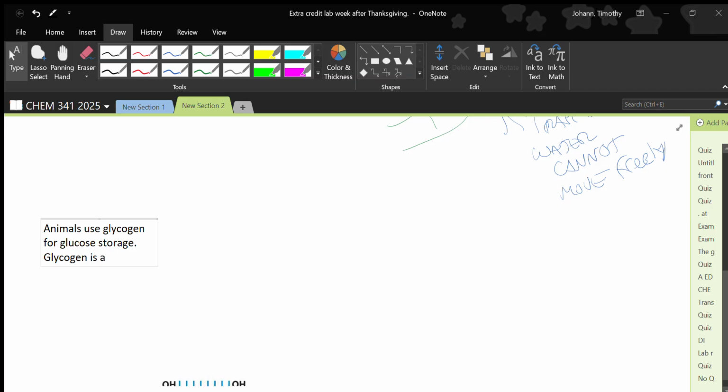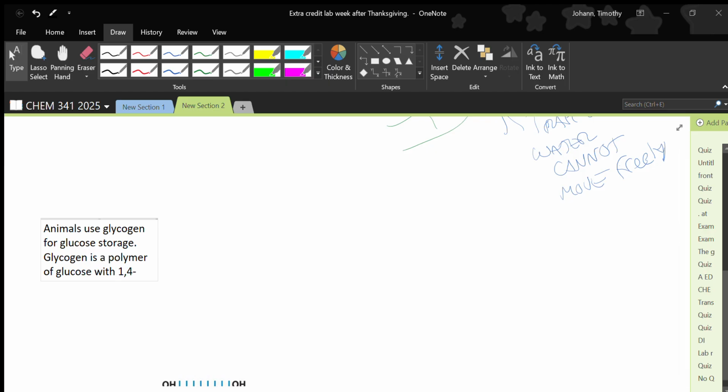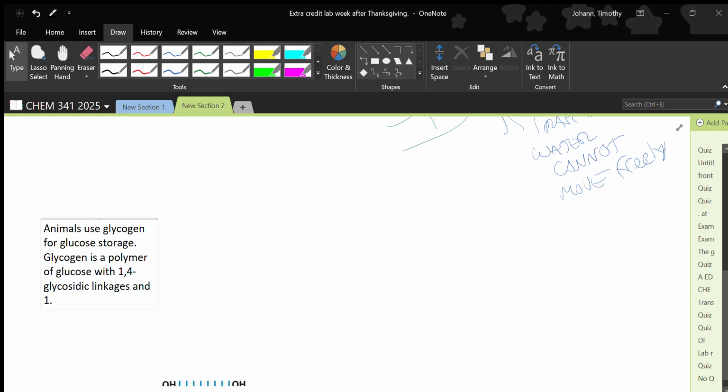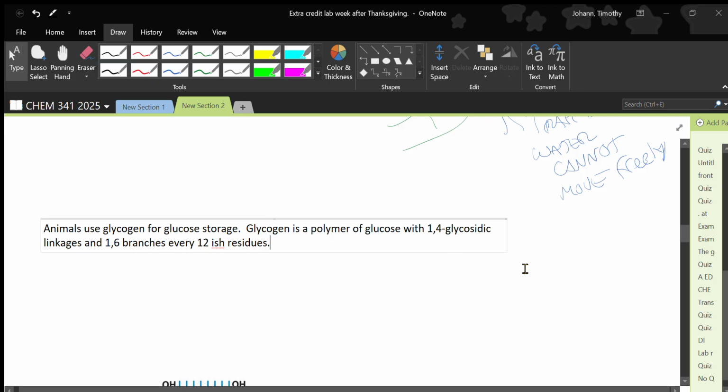So it's a polymer of glucose with 1,4 glycosidic linkages and 1,6 branches, every 12-ish residues.